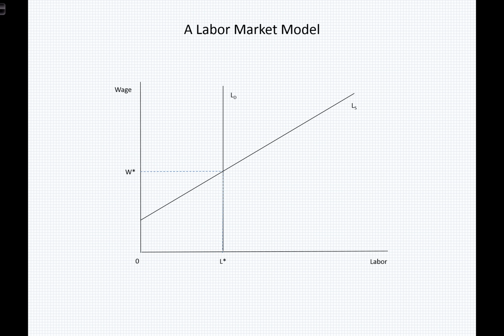And as we consider yet one more, perhaps, this would be where we have a normally sloped labor supply curve, but a labor demand curve that's perfectly vertical. Well, what might this represent?